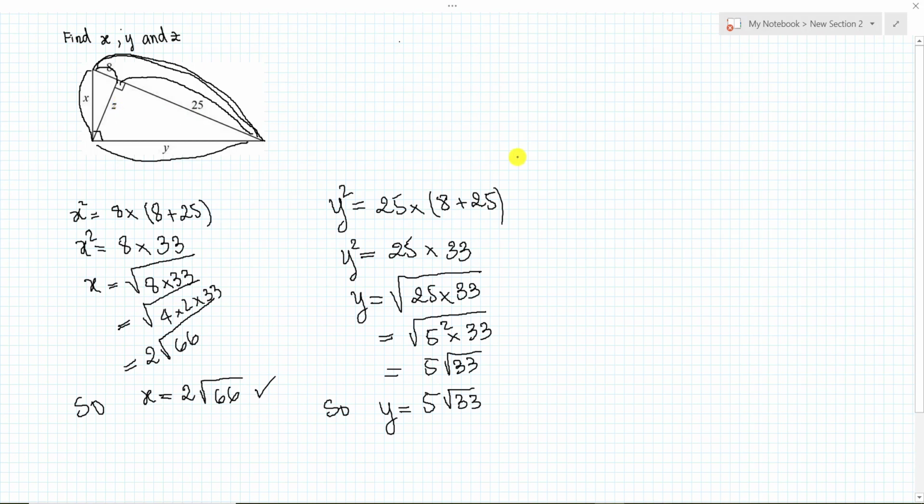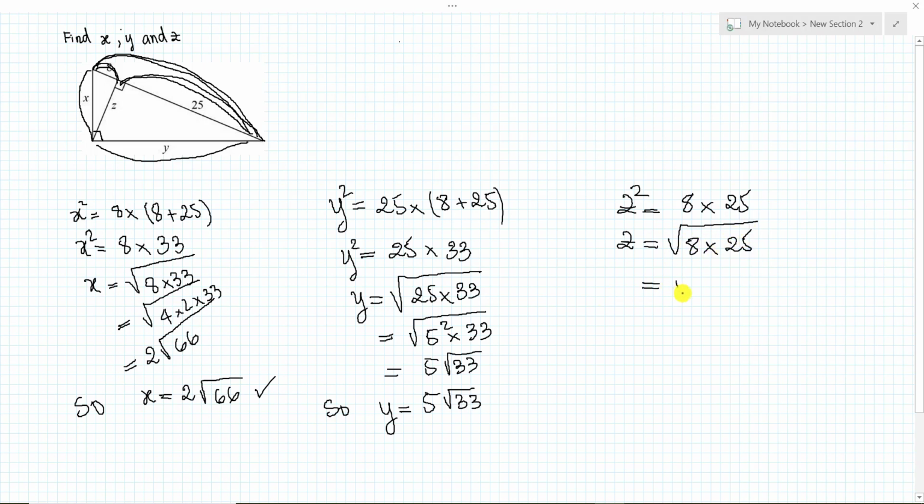And then we find z. We use the rule: z squared equals this leg times this leg. So we get 8 times 25. And then we get z equals the square root of 8 times 25.